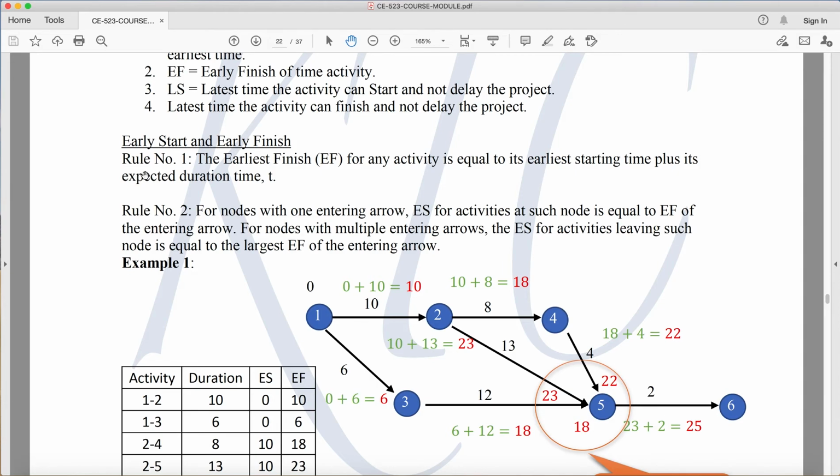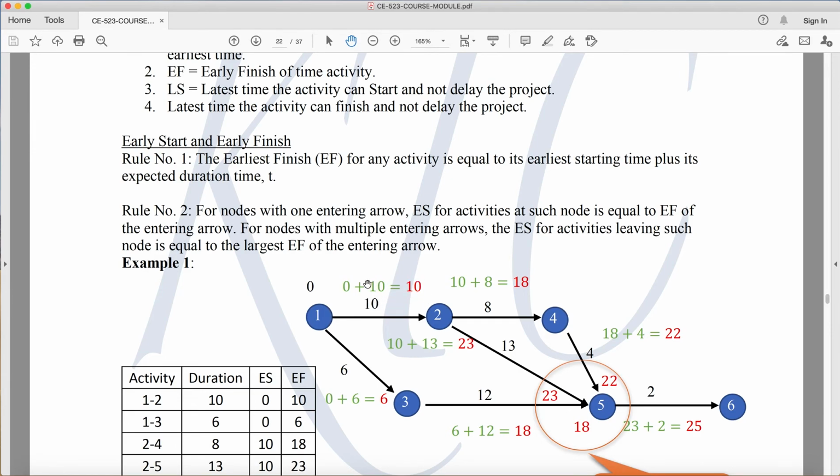We have two rules here. So the earliest finish, or the EF, for any activity is equal to the earliest starting time plus its expected duration. So yung early finish natin dito would be the earliest possible time, which is time 0, plus the duration, which is 10 days. So yun yung early finish niya.